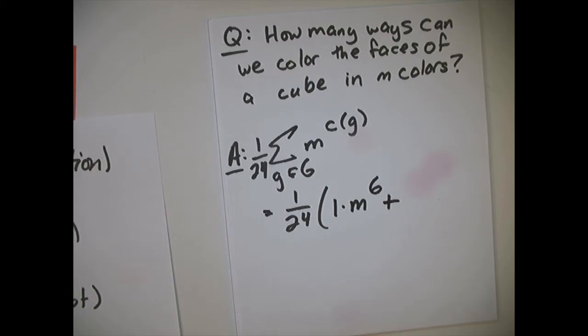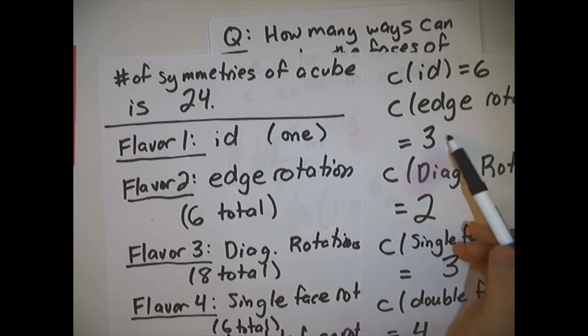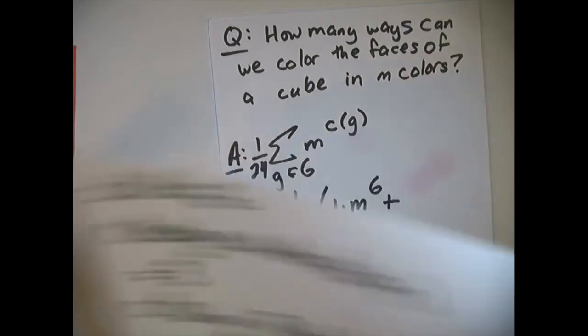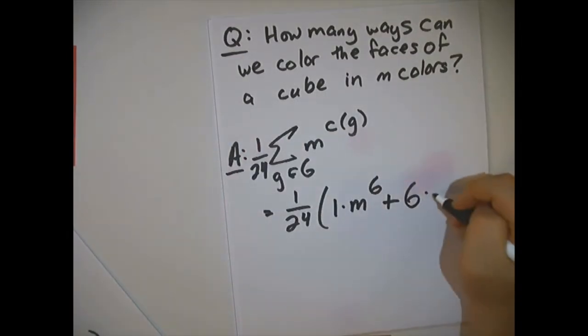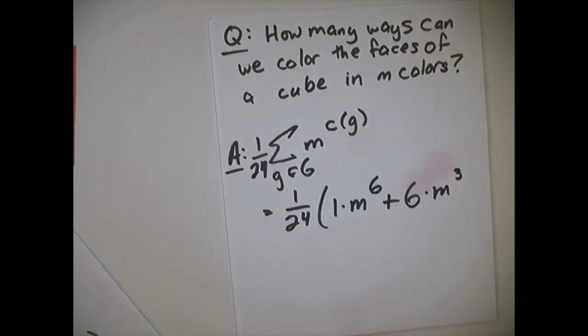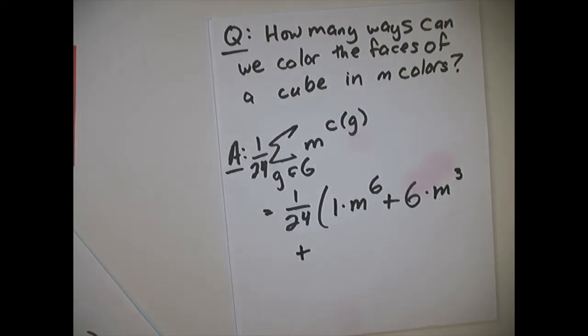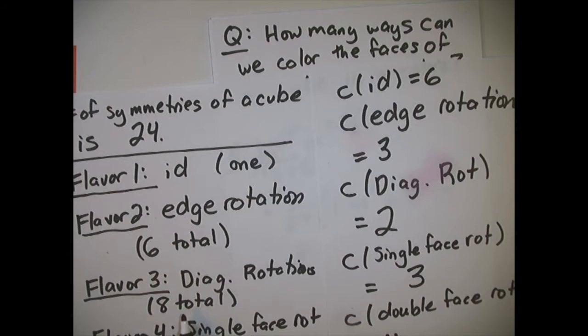Okay. But then we're going to have plus, and so then we have to look at the edge rotations. There are 6 edge rotations. Each of them has a cycle number of 3. And so what that means is that I'm going to get 6 times m cubed. Okay, continuing on the next line, we have the diagonal rotations. There are 8 of those.